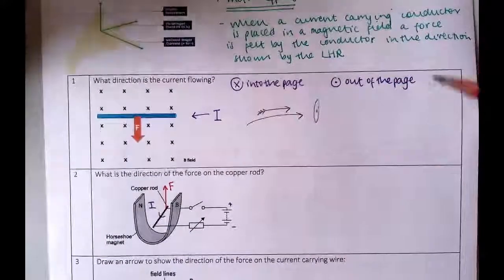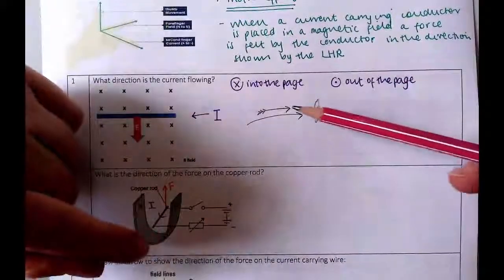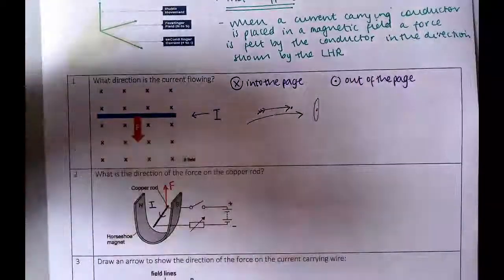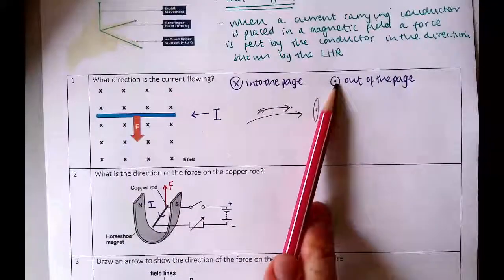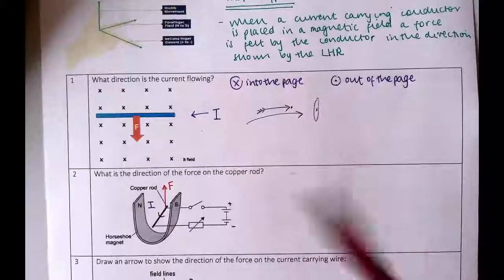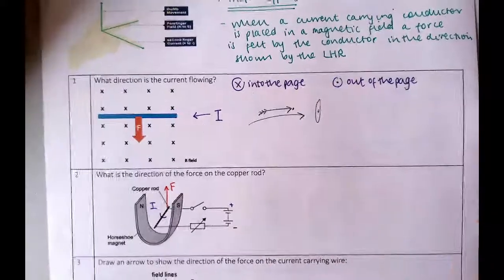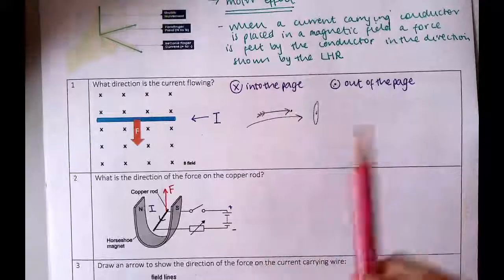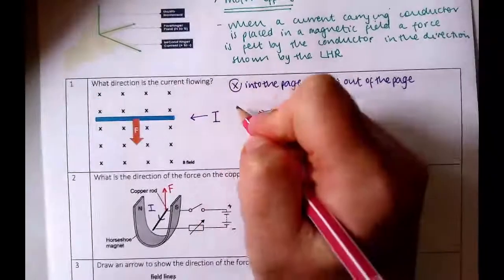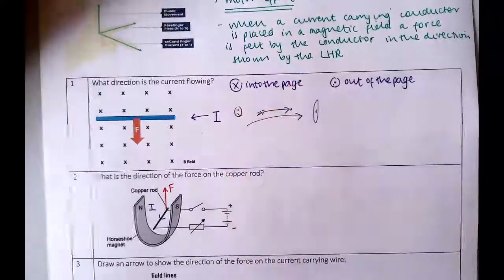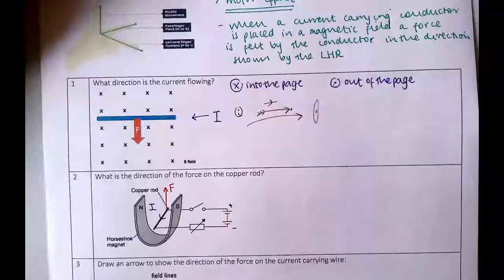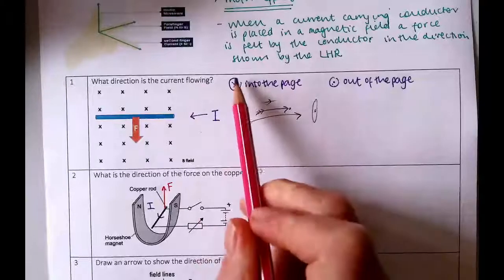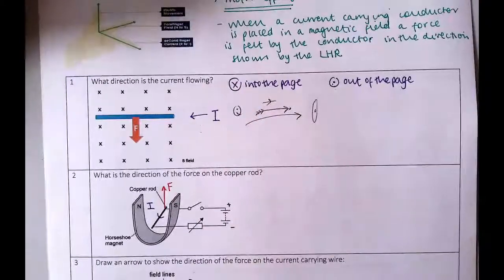If you are looking at it from the point of view of the arrow coming towards you, you see a point, so out of the page towards your eyes is represented by the arrow head. If the arrow is away from you, you can just see the tail feathers whistling away from you. So this represents the tail feathers, so into the page.